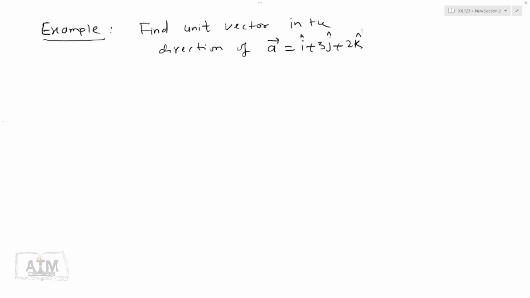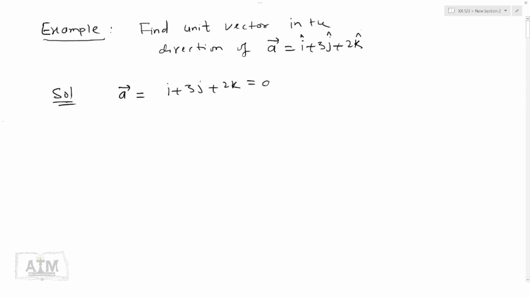Here is one example. Find the unit vector in the direction of vector A equals i plus 3j plus 2k. Solution. First of all, vector A equals i plus 3j plus 2k.